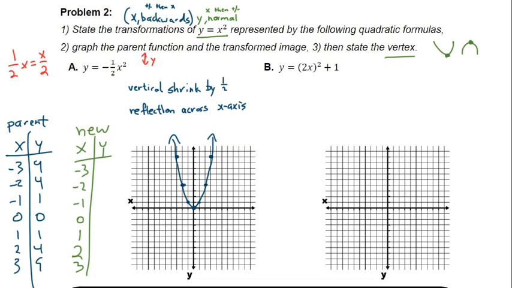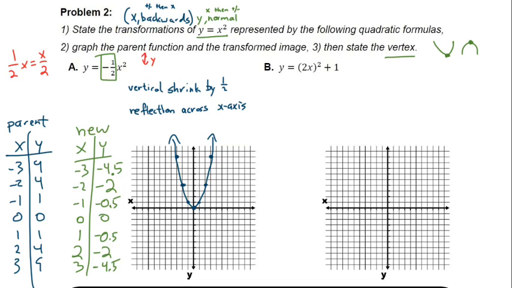So 9 divided by -2 is -4.5. 4 divided by -2 is -2. 1 divided by -2 is -0.5. 0 is still 0. 1 divided by -2 is -0.5. 4 divided by -2 is -2. And 9 divided by -2 is -4.5. I just took all my y's and divided them by -2, or you can think about multiplying by -1/2. But again, it's the same thing.